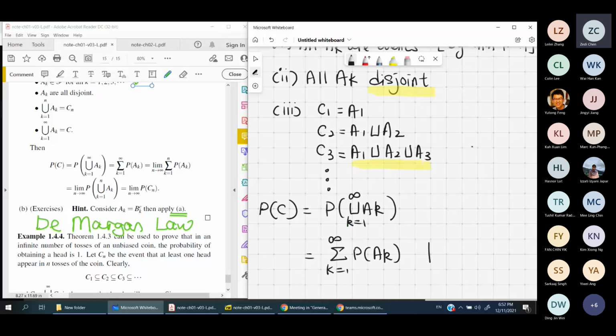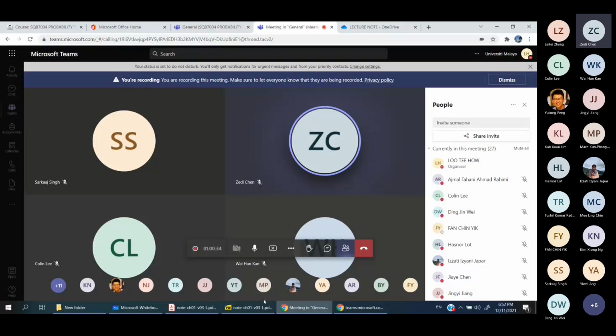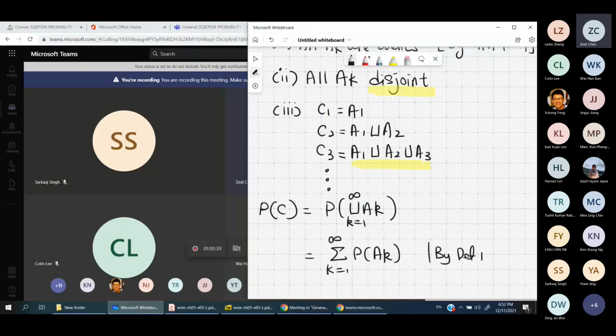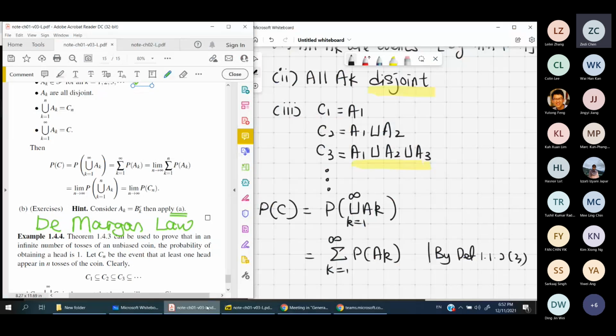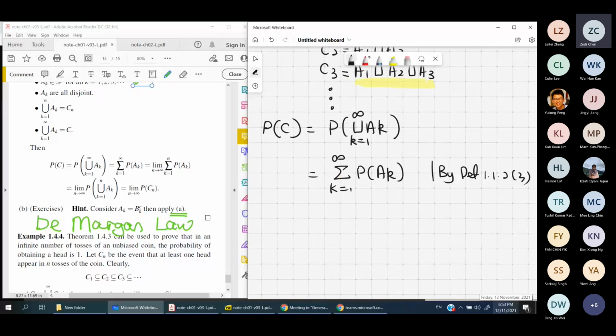As I said, this is by using definition 1.1.23. Okay, so we can get this. And I think the next thing will be straightforward.